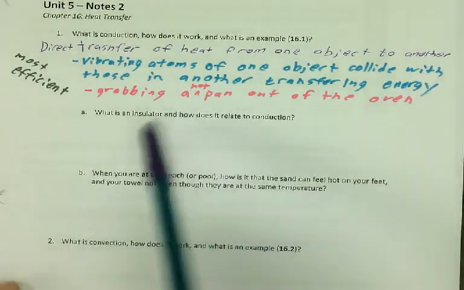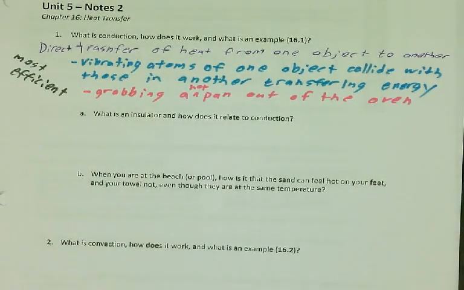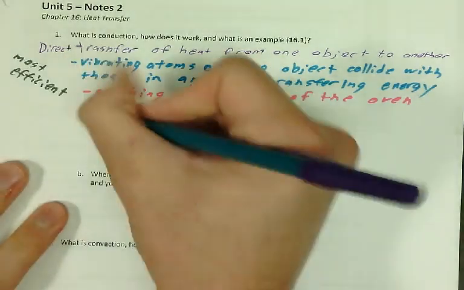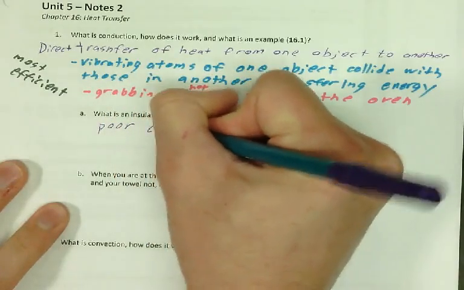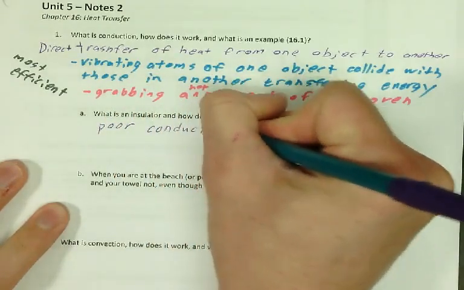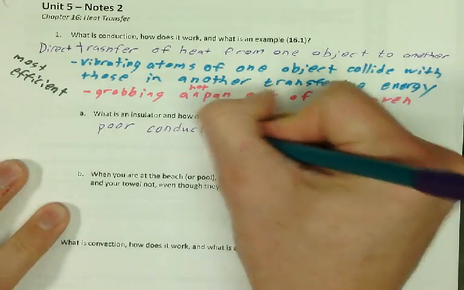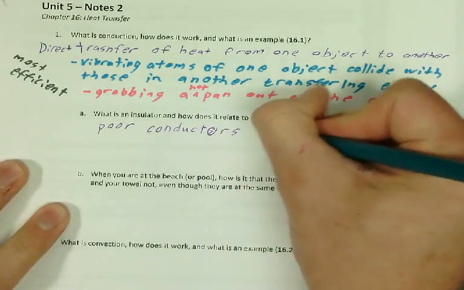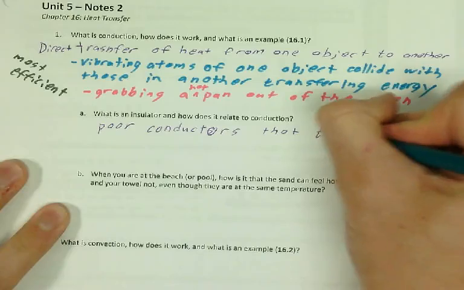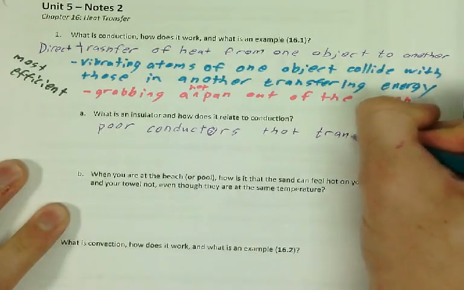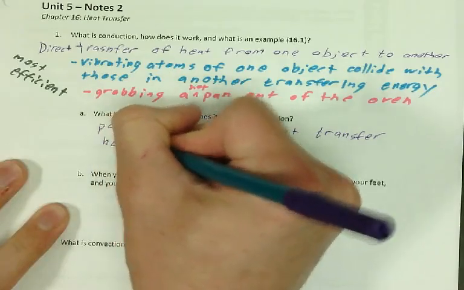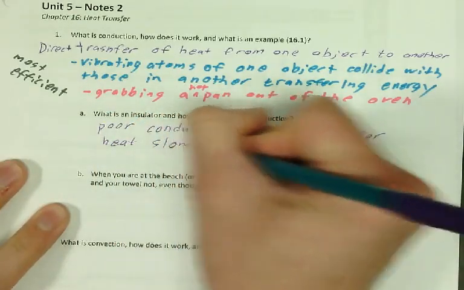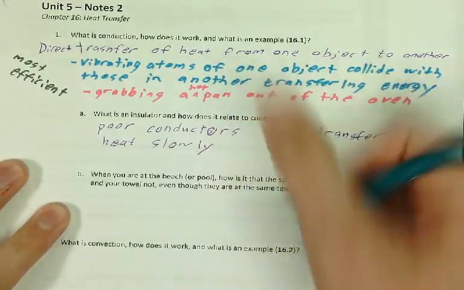Margaret, what about A? What's an insulator? Yeah, so they're poor conductors that transfer heat slowly. Or you can think of them as poorly, either way.